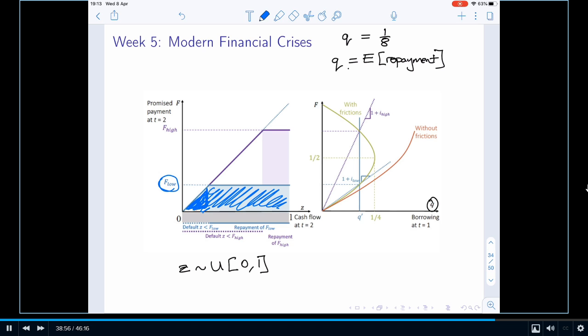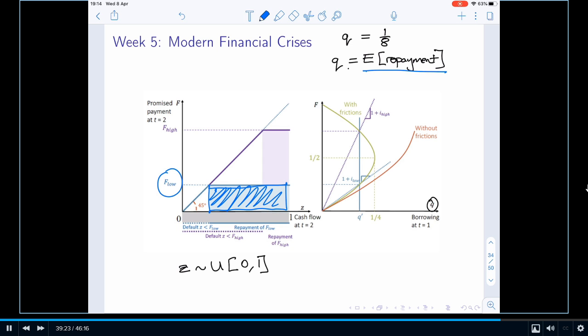So if Spain promises to repay F low, then the expected repayment will be the area of the triangle and the rectangle. That is the without frictions case. In the with frictions case, Spain's expected repayment, when it promises to repay F low, is just the area of the rectangle.